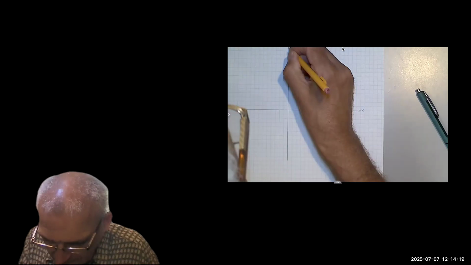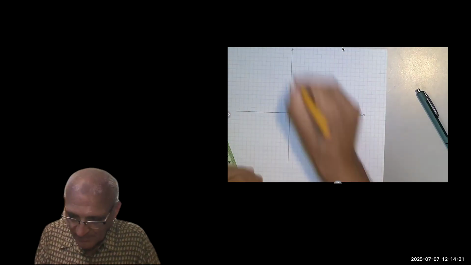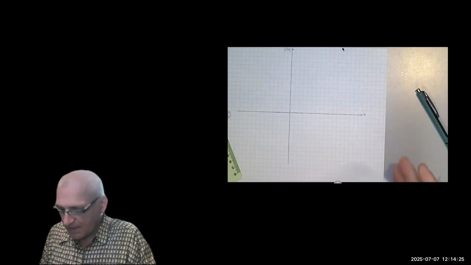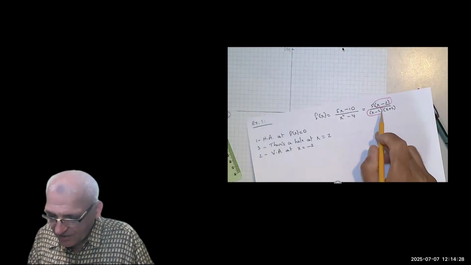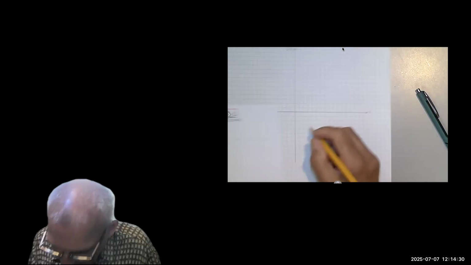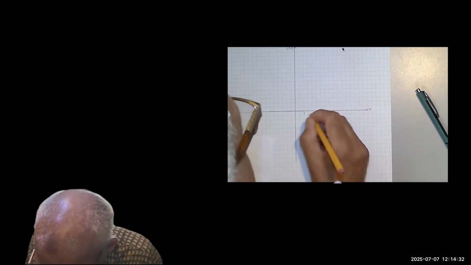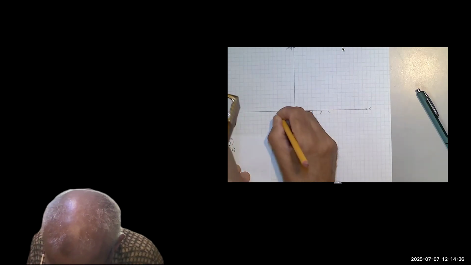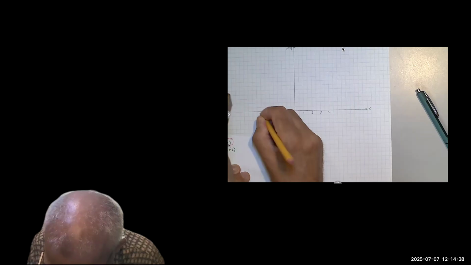Here's my y-axis, or f of x, same thing. Notice that I have a hole at x equals 2. So let's say this is x equals 1, 2, 3, 4, negative 1, negative 2, negative 3, negative 4.